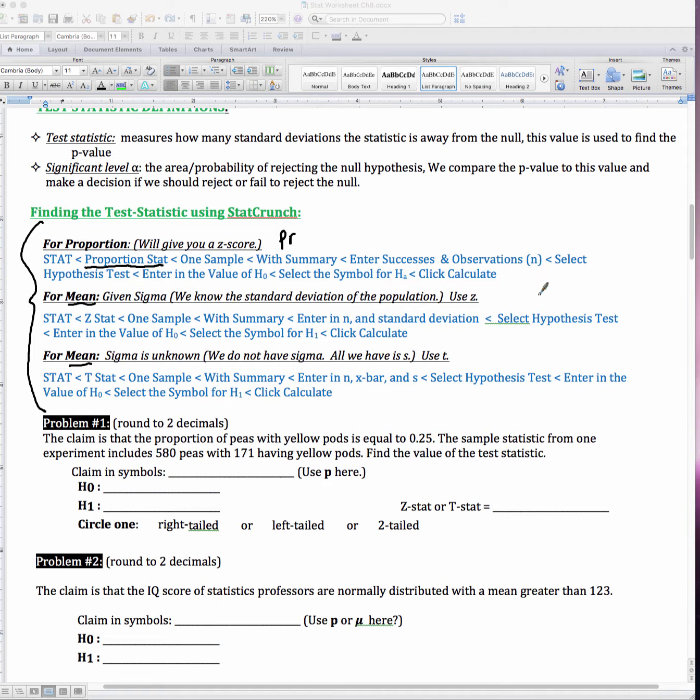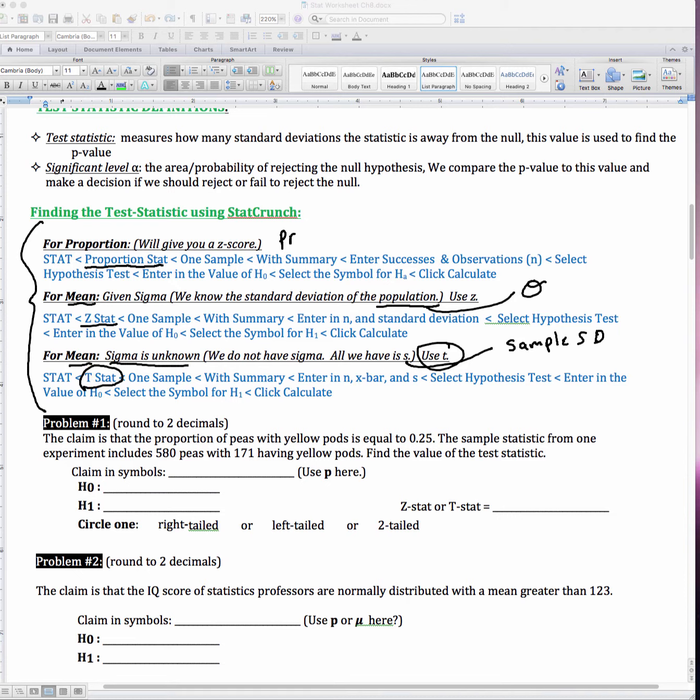They're always going to give you a standard deviation. You have to pay attention to it. Is it the population standard deviation, which is sigma? In that case, you would hit Z-stat. If sigma is unknown, we only have the sample standard deviation. s is the sample SD. Then you're going to use T-stat. Okay, so that's going to be important.